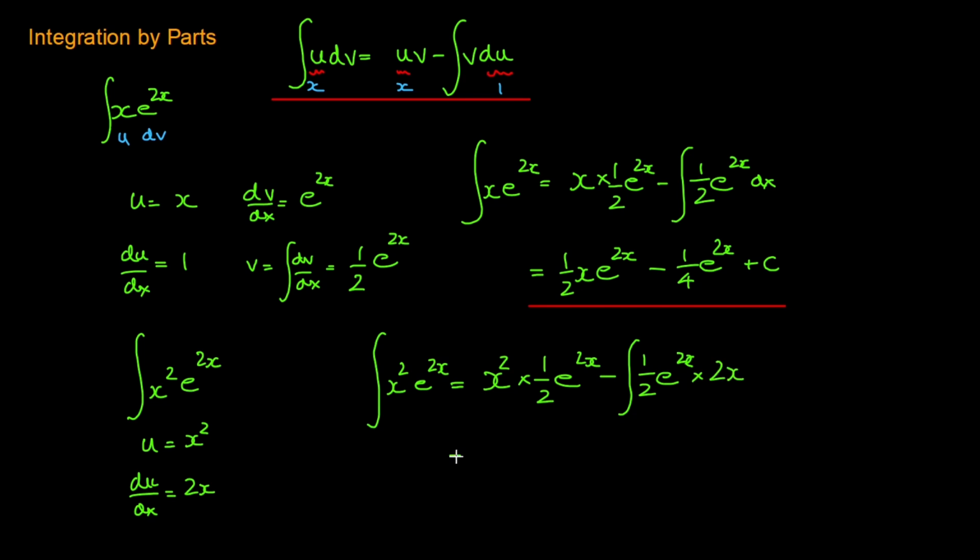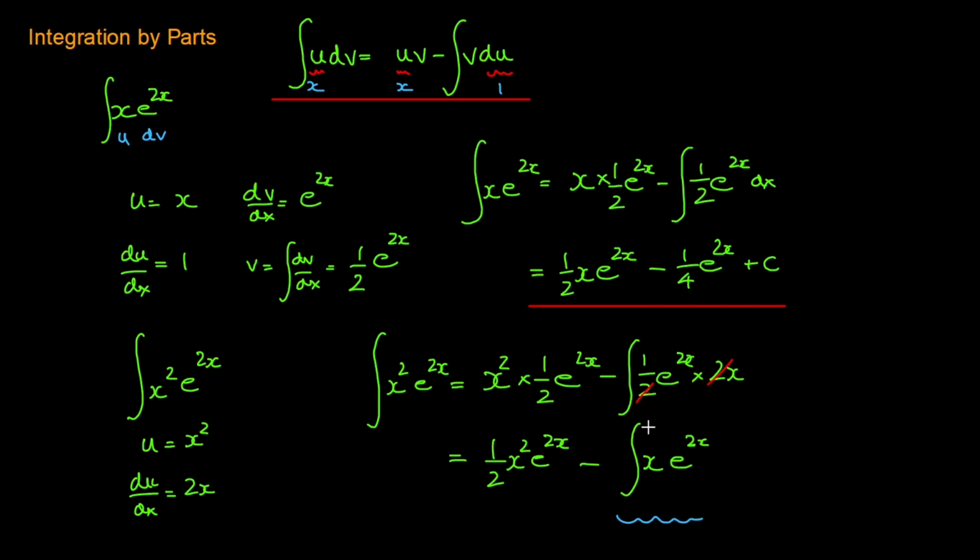And if I just tidy that up, we've got a half x squared e to the 2x, but we've got a second integration here. Yes, the 2 will cancel with that 2, leaving us with the integration of x e to the 2x, which in itself is another application of integration by parts.